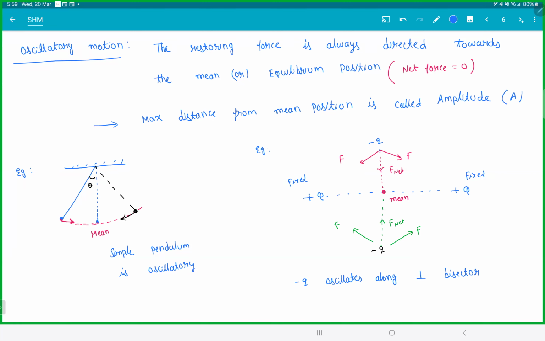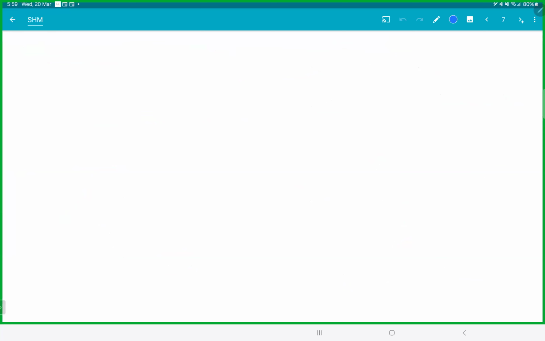Now, oscillatory motions as such, we don't have questions. The reason is we can't solve them, it depends on the function. The next thing is SHM or simple harmonic motion. Now, what is this SHM?